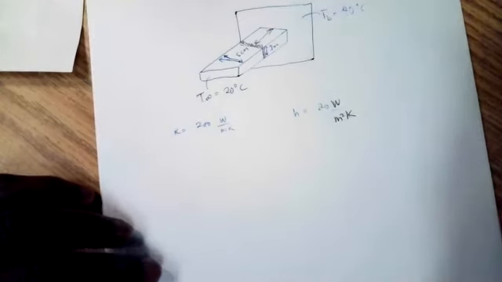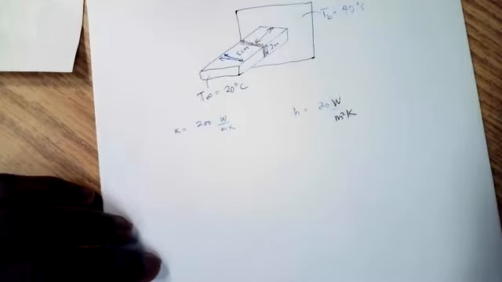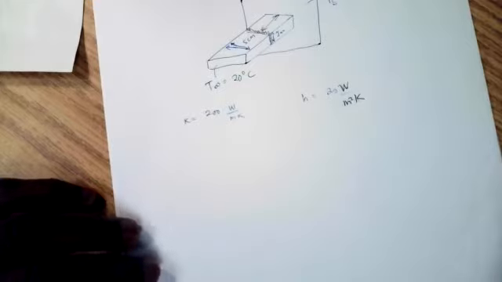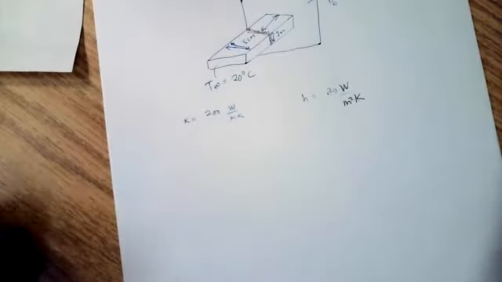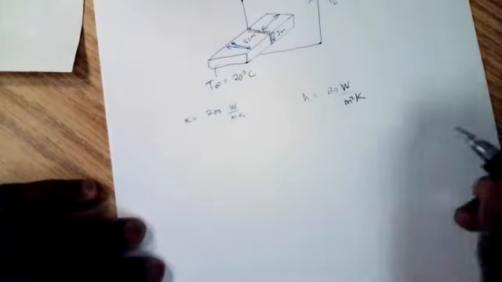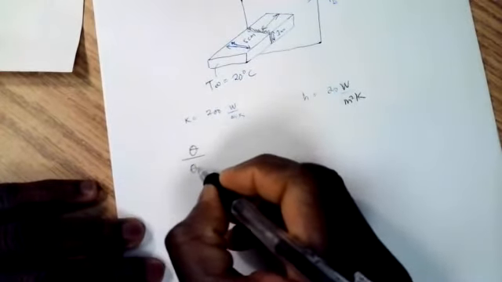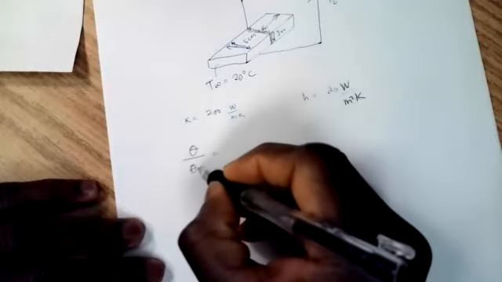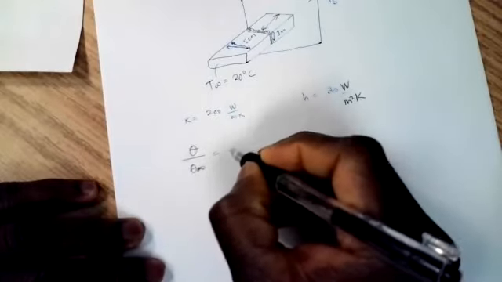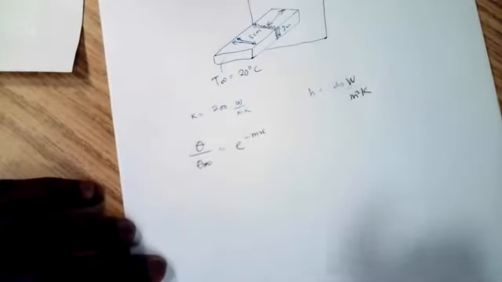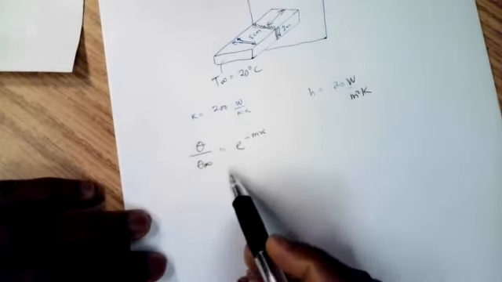And we have a formula for getting the temperature distribution for an infinite length fin. That formula is theta over theta base is equal to e to the minus mx. That is for the temperature distribution.